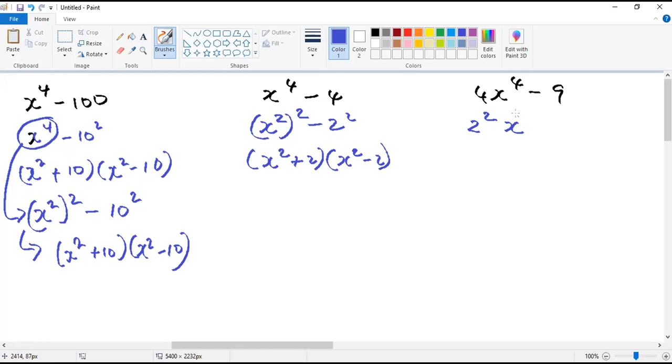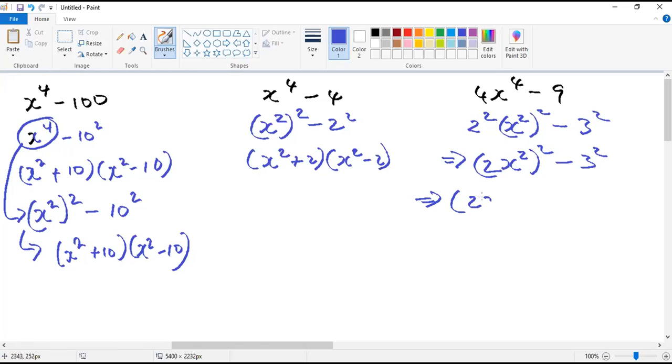Check this out: x squared squared minus 3 squared. So what next? Then you're going to have 2x squared plus 3, 2x squared minus 3. Yeah, exactly. Not bad at all. Lovely.